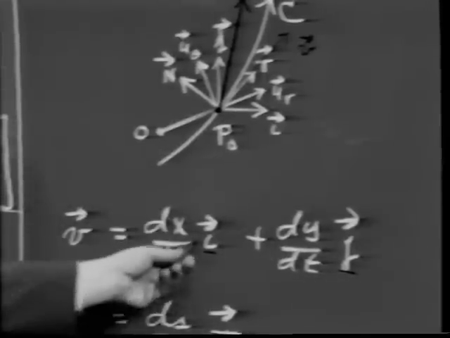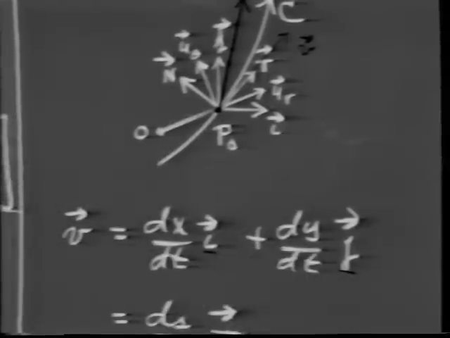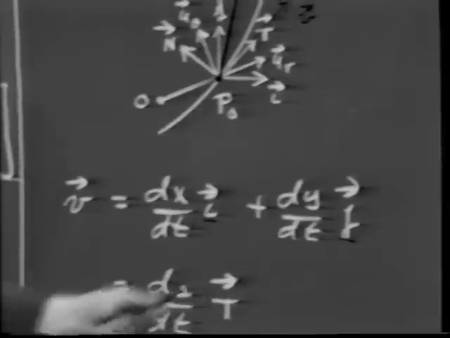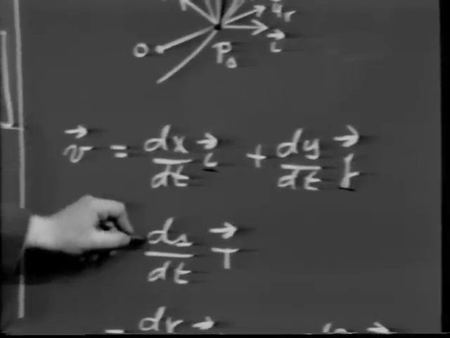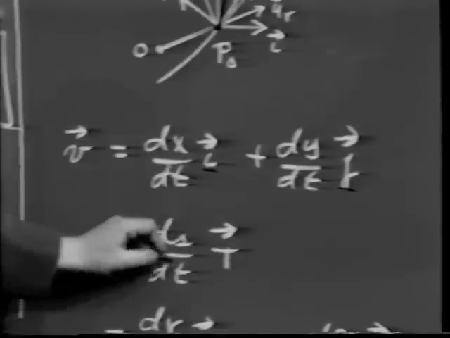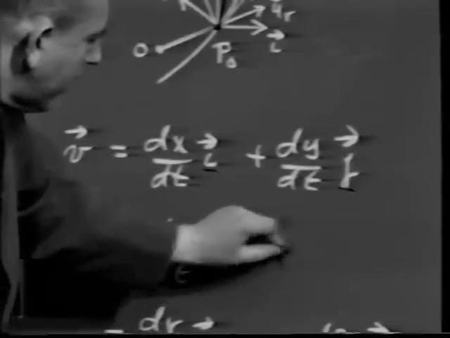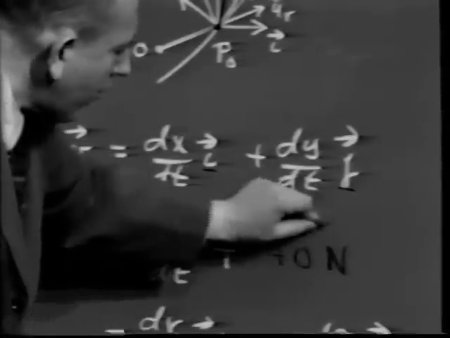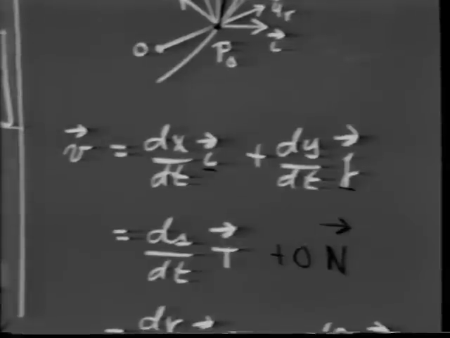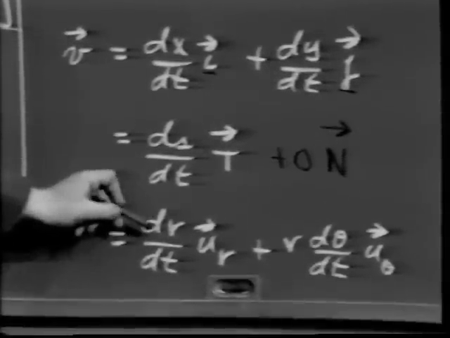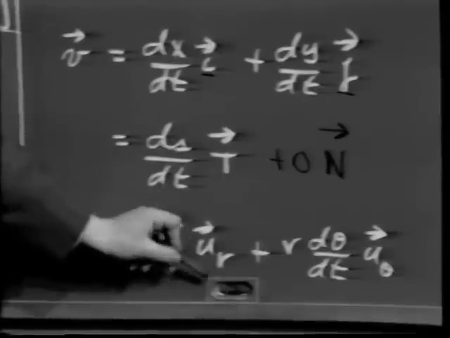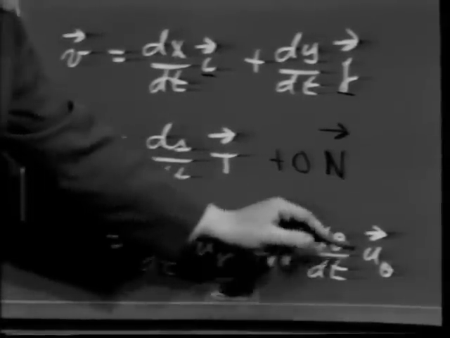In other words, it's this particular combination of i and j. If we're using t and n components, the particular combination of t and n is what? ds/dt times the unit tangent vector plus 0 n. And if we happen to be using polar coordinates, the expression is dr/dt times u sub r plus r d theta/dt u sub theta.